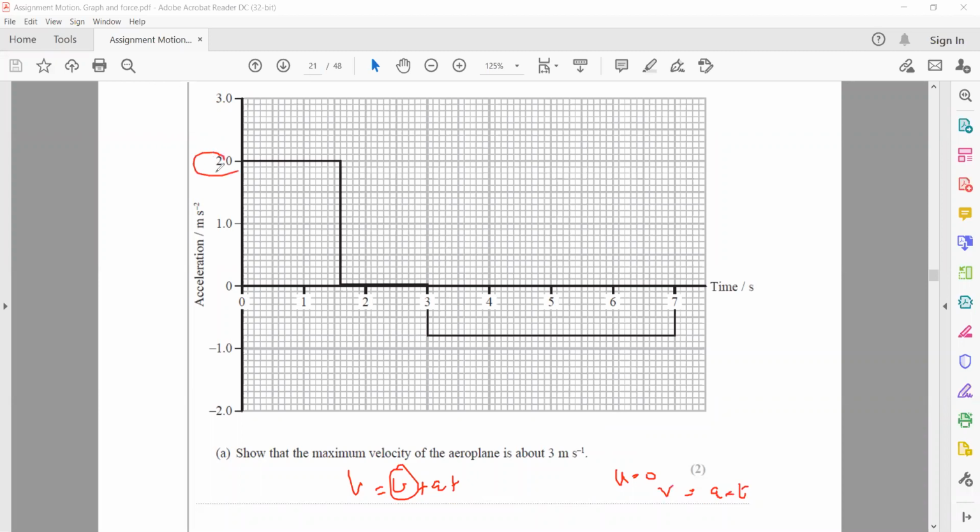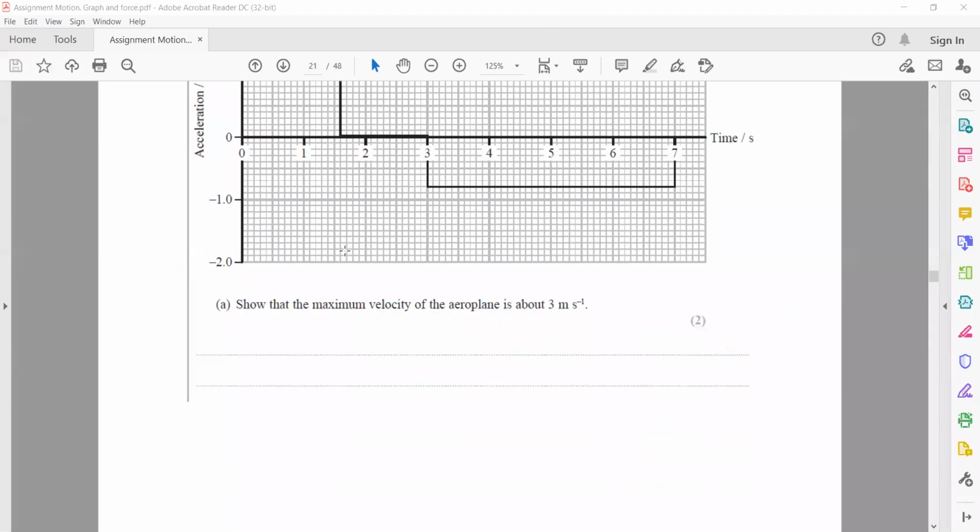Acceleration is 2, the maximum acceleration, and the time it takes is 1.6. So 2 multiplied by 1.6 equals 3.2 meters per second, not squared, because they are asking for maximum velocity.